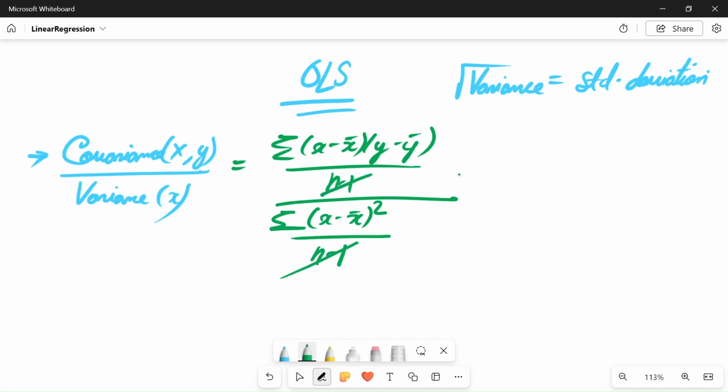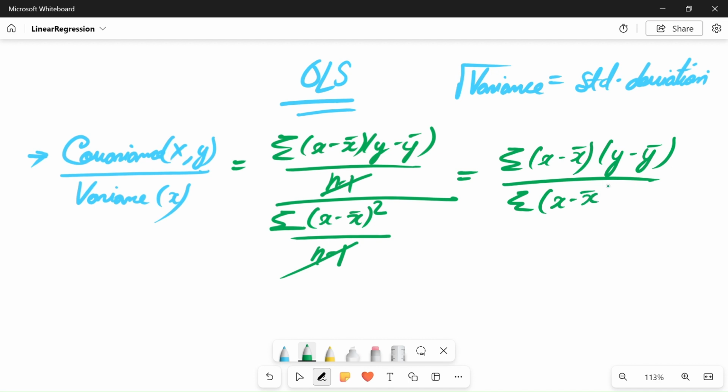The n minus 1 factor gets cancelled out, and you're left with summation x minus x bar times y minus y bar, and here we have summation x minus x bar squared.